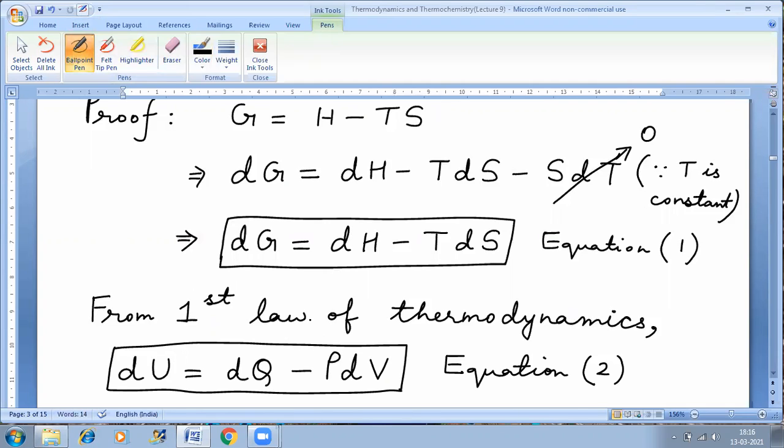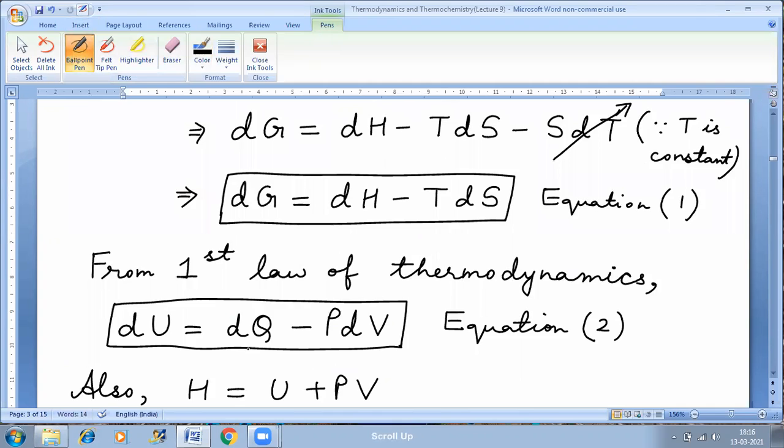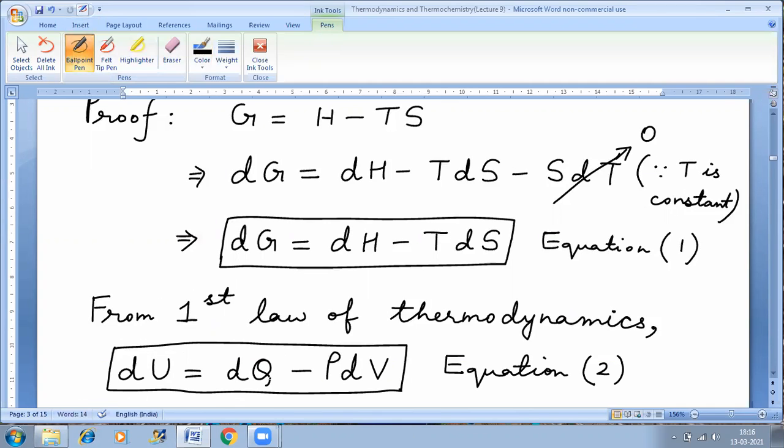From the first law of thermodynamics, we know that dU is equal to dq minus PdV. This is according to the first law of thermodynamics. dU is equal to dq minus PdV.